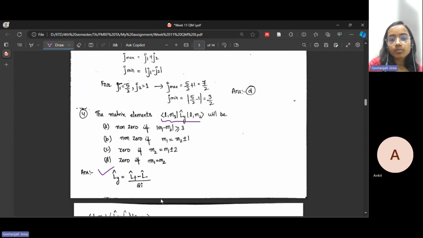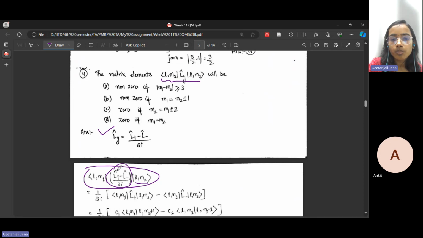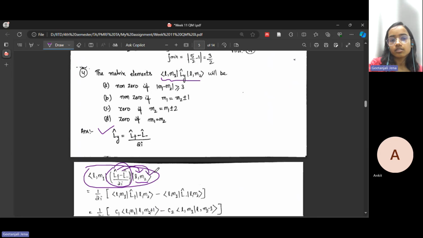So if you take this matrix component, it will be nothing but the bra of L M1, then the operator Ly, and the ket of L M2. Now you operate L plus and L minus on this ket and find the simplified expression.